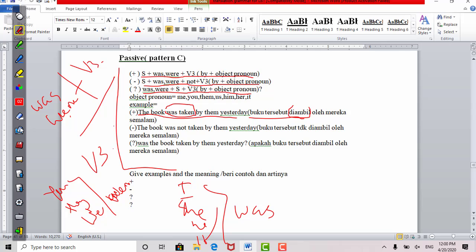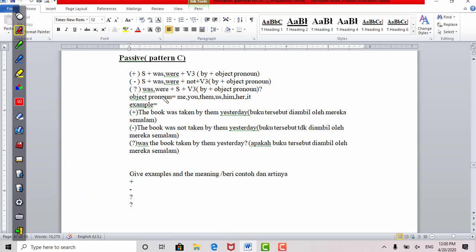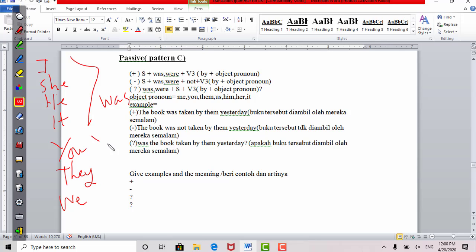I, she, he, it, we will use was. And then you, they, we, you will use were. This one is for pattern C: I, she, he, it plus was, and you, they, we plus were. This is the formulation.